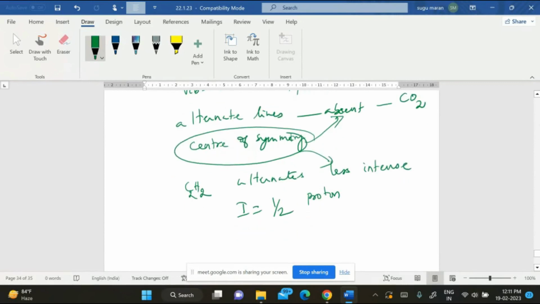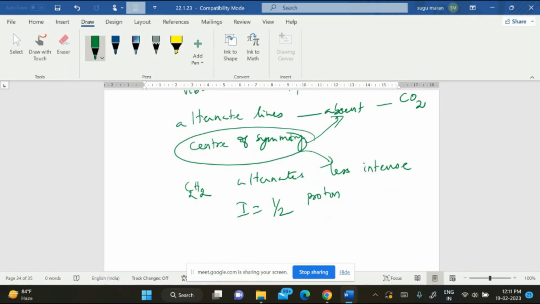So a center of symmetry molecule can be identified from the vibrational rotational spectrum. The alternate lines in the PQR branches are either less intense or absent. So that shows the molecule has a center of symmetry.